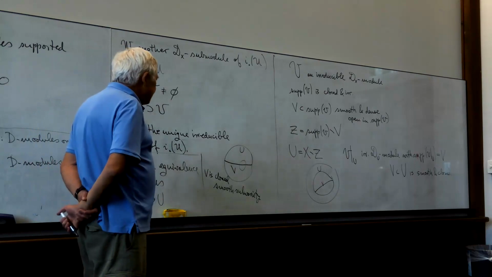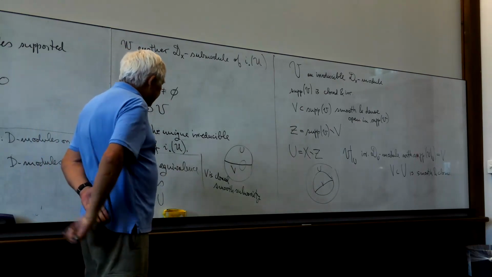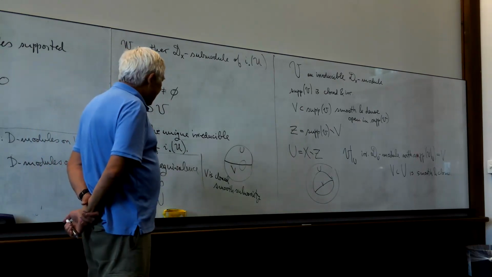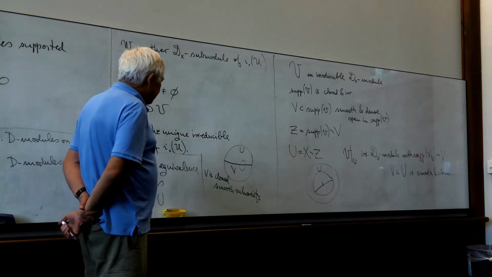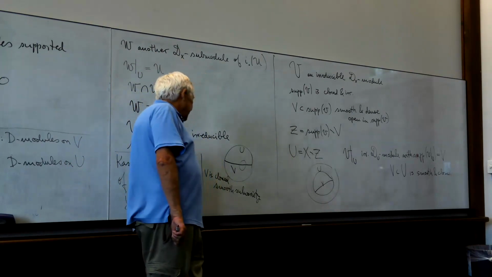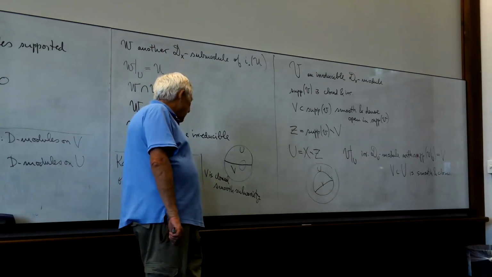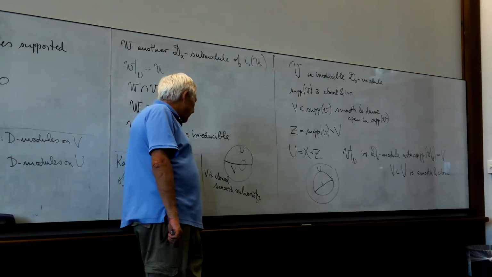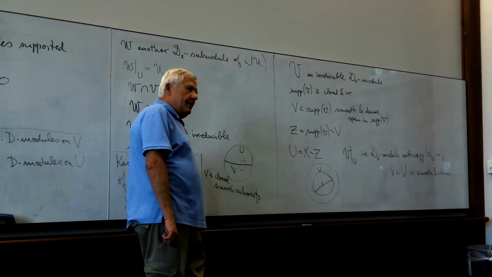Since you can describe it locally, you can calculate its characteristic variety. And from this calculation, you conclude that if the D module on V is holonomic, its direct image is holonomic.